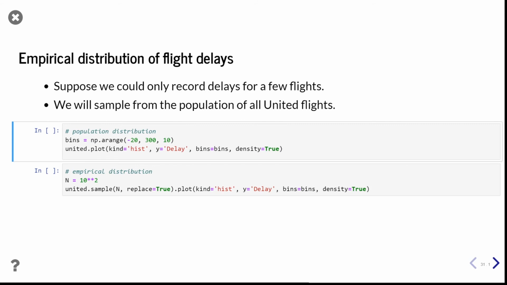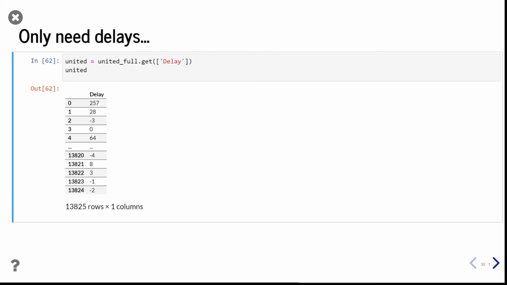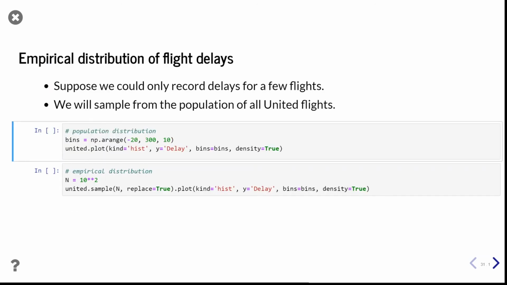Maybe we don't work for United, we don't have access to that full data set of 13,825 rows. What we're able to do maybe is collect a small random sample, by going to the airport, randomly selecting flights and seeing how long they're delayed. And we might only be able to sample 100 flights or maybe 1,000 if we have those resources.